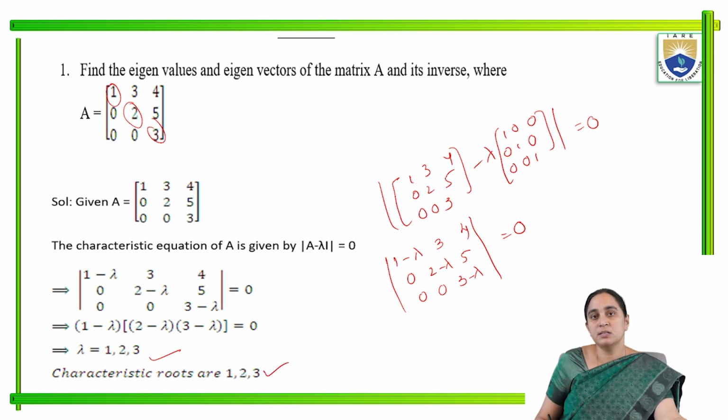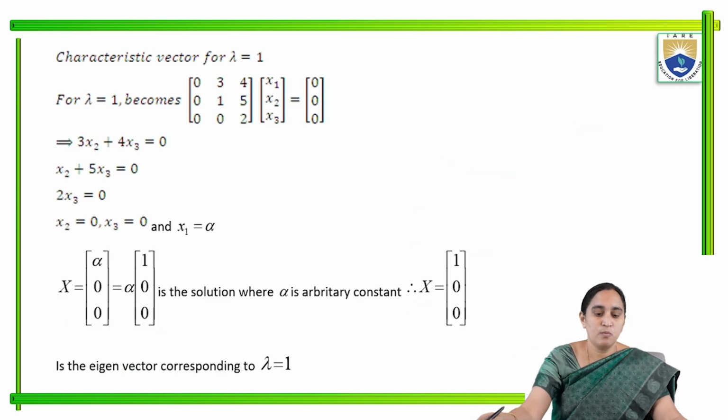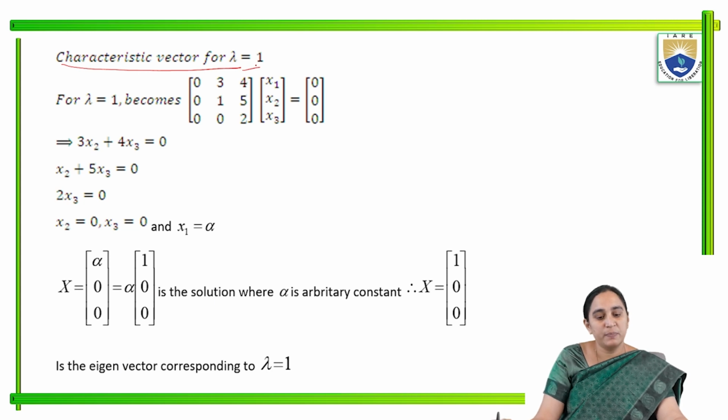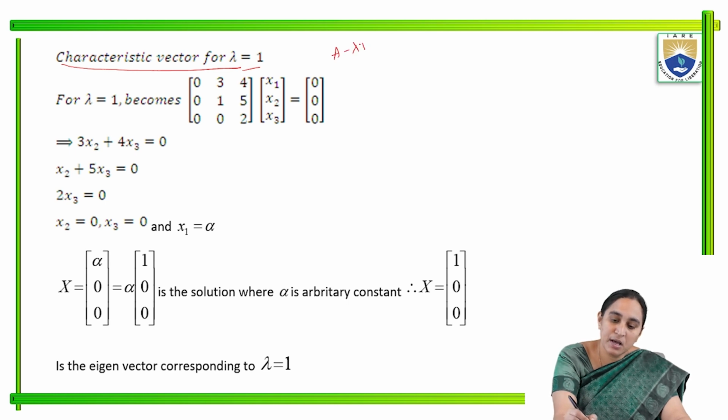Now we discuss the eigenvectors corresponding to the distinct eigenvalues. First, the eigenvector for lambda equal to 1. The formula for the eigenvector is Ax equals lambda x, or A minus lambda I into x equals 0.